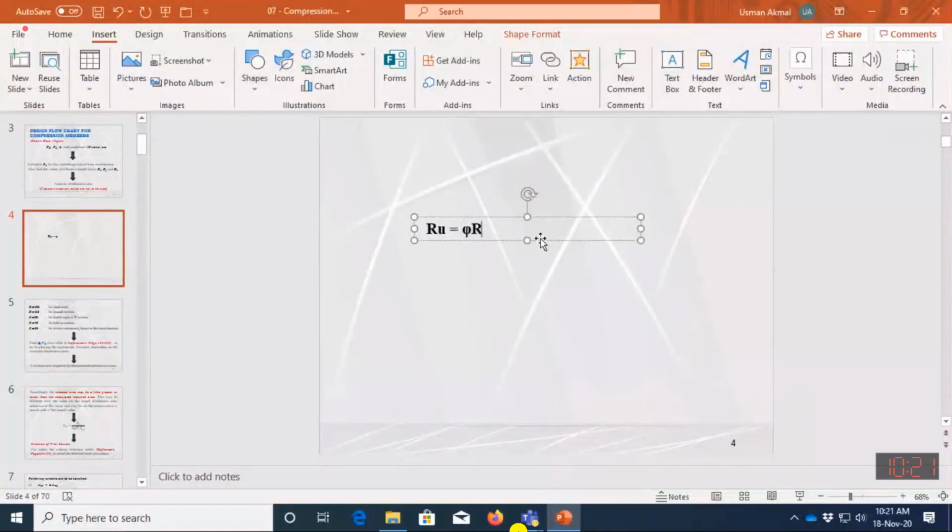So phi Rn. Do you already know about this equation? Okay. So phi Rn, the applied load effect, should be equated with the capacity. Rn is the applied load effect. Applied load effect means that this may be compressive force, tensile force, or bending moment, torsion, shear force, depending upon the case.